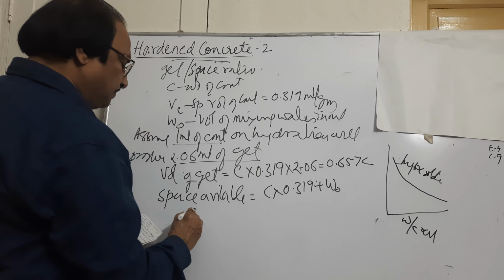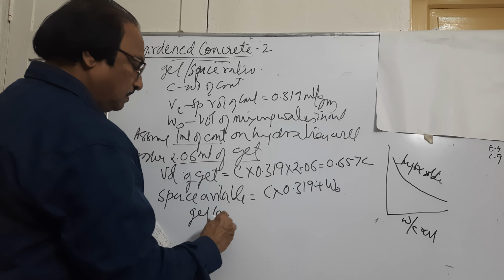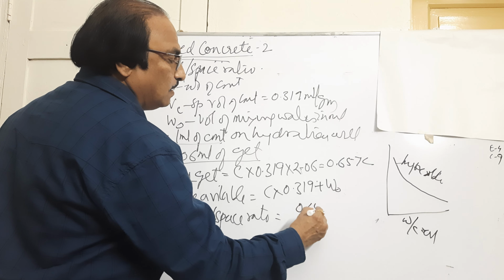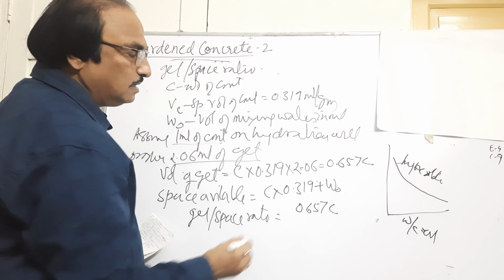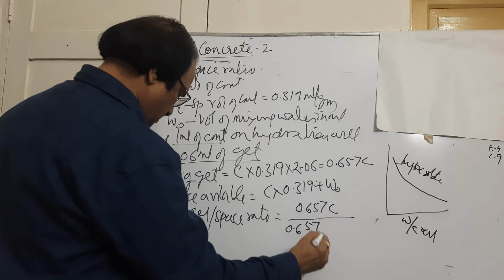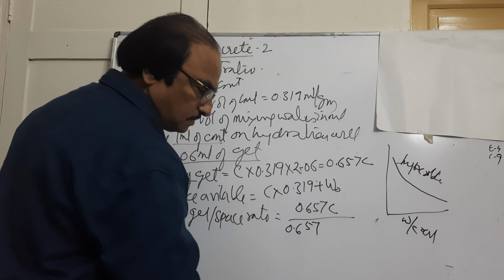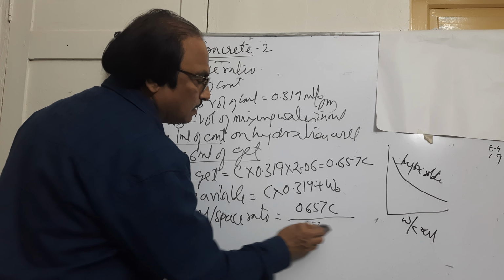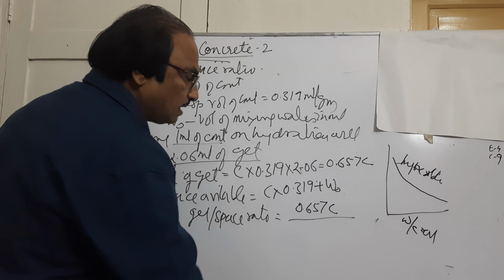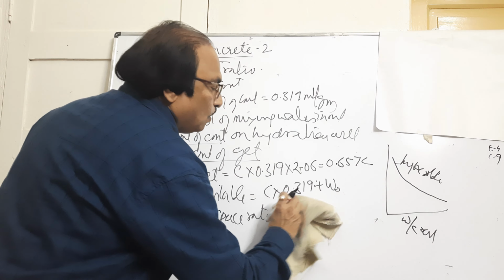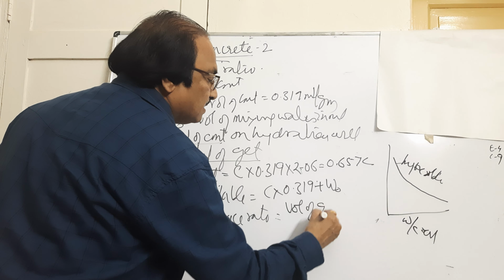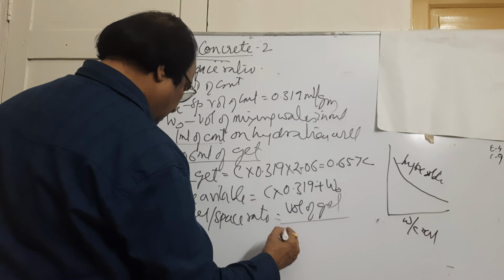So here the gel space ratio, we have seen, is the ratio of the volume of the gel to the space available. I am writing the formula: volume of gel divided by space available.